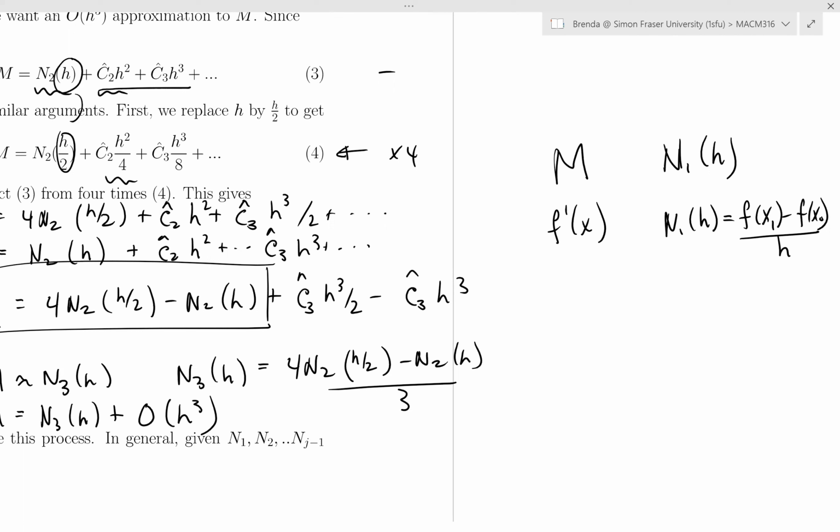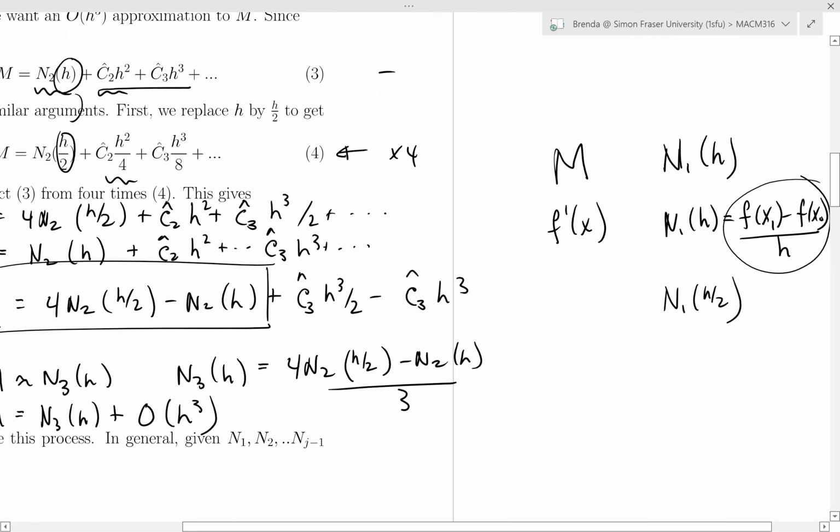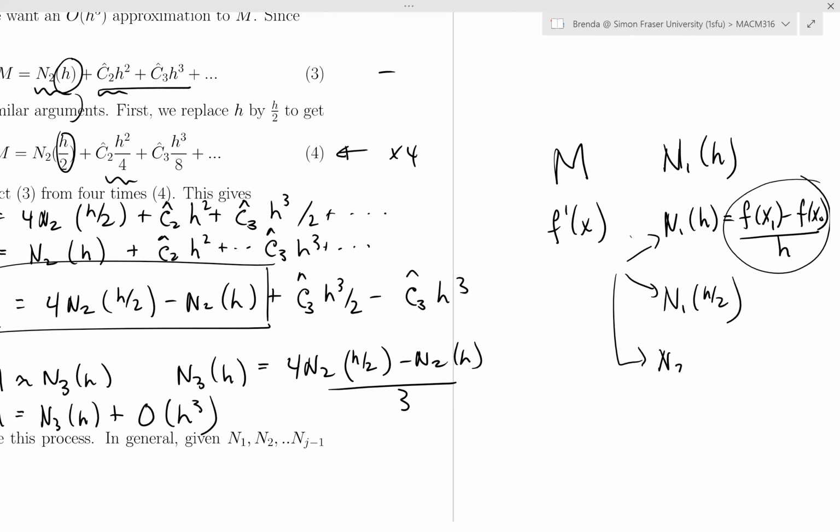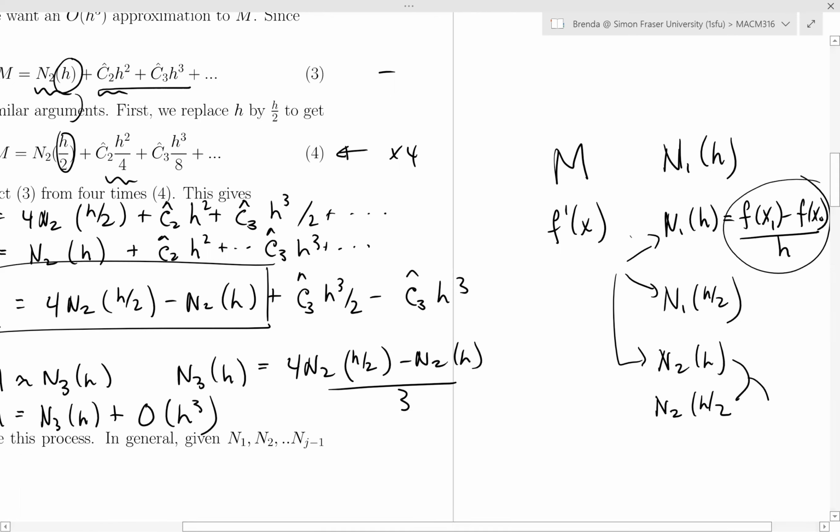Now, rather than increasing the complexity of this, we're saying, no, don't increase the complexity of that. Instead, calculate N1 of H over 2, so you calculate these two, and then you combine them to get N2 of H. And that is a better approximation. Then, if you want, you can calculate N2 of H over 2, combine those two and get N3 of H. And each time you do this, your accuracy goes up.